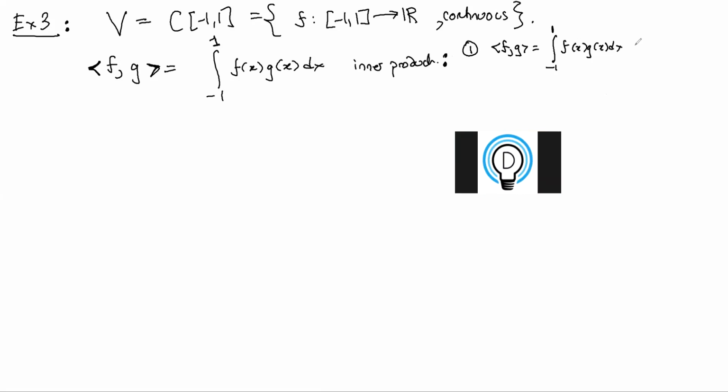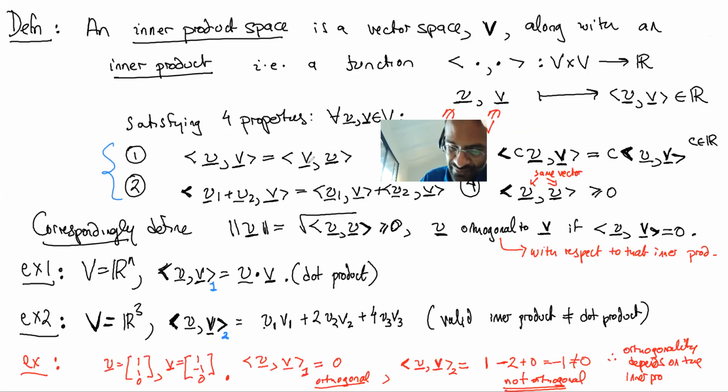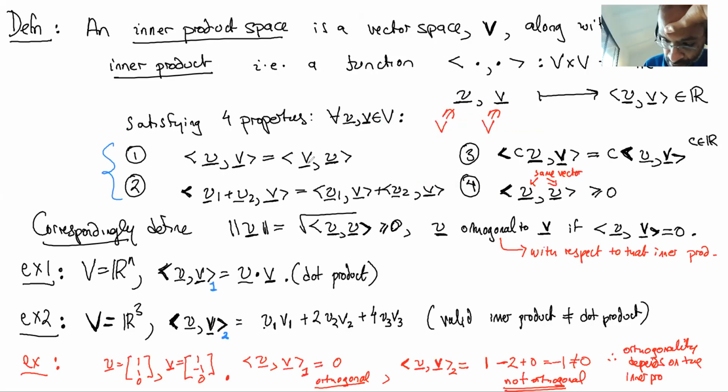I'm just going to use the fact that this integral doesn't change if I swap the order. So that was property number 1. There are 4 properties, remember. One is just that the order doesn't matter, symmetry.